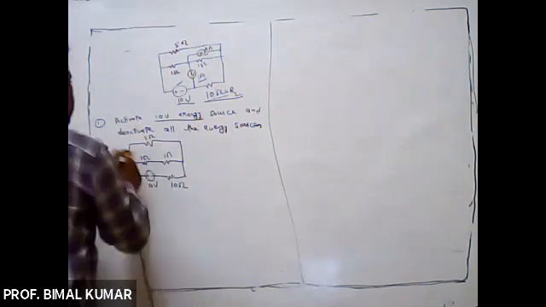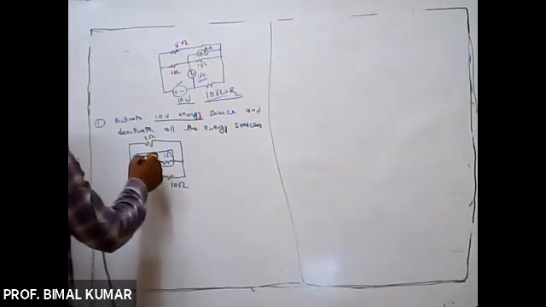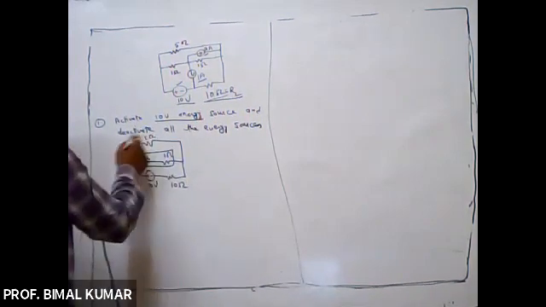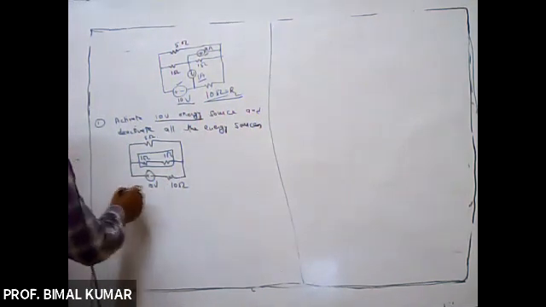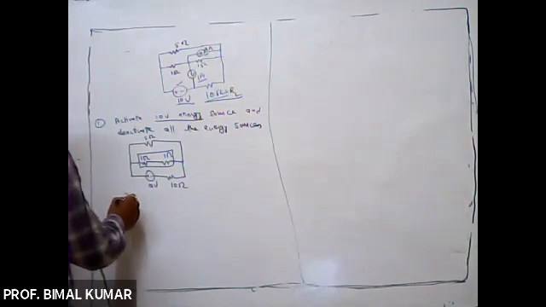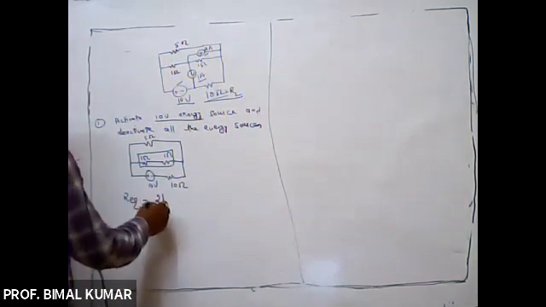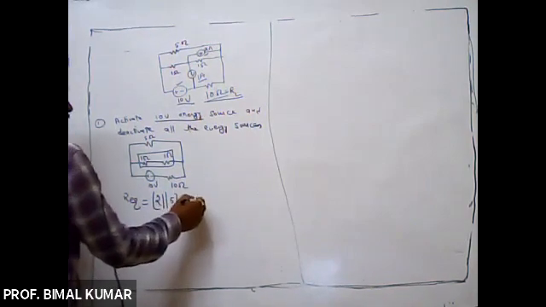If you see this, the two 1 ohm resistances are in series, 1 plus 1 is 2, and this 2 is in parallel with 5 ohm, and this combination is in series with 10 ohm. So the equivalent is 2 in parallel with 5, in series with 10.